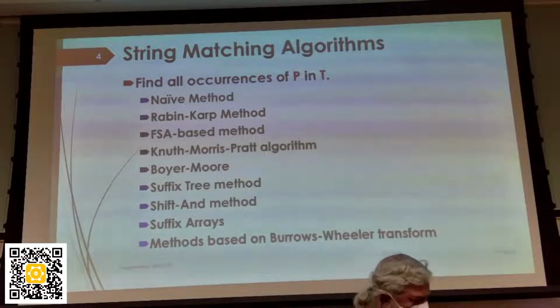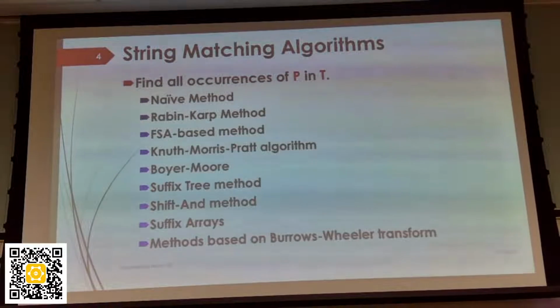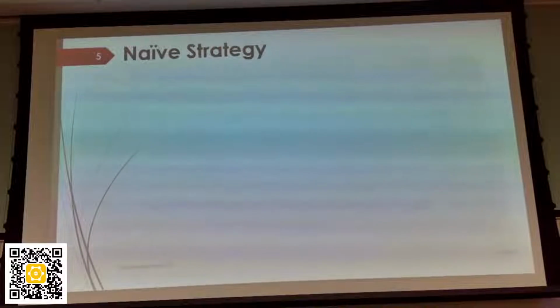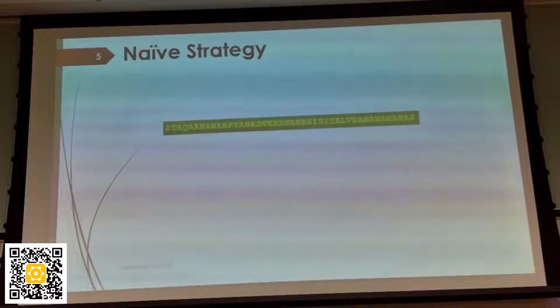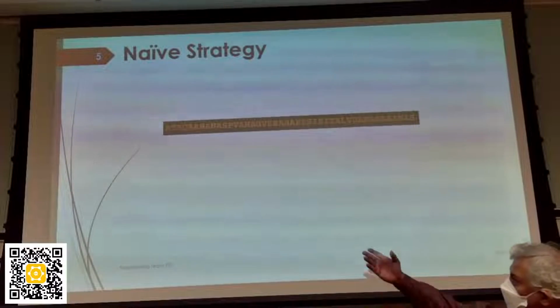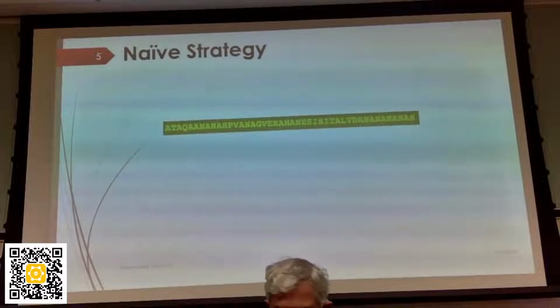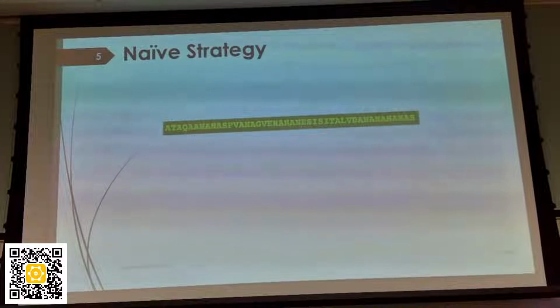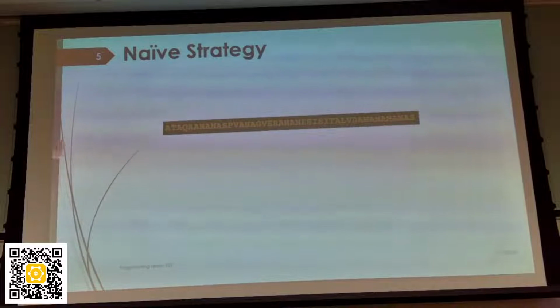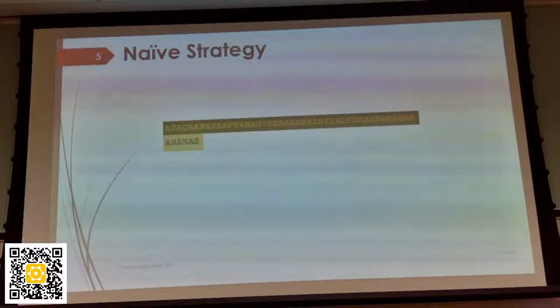All right, so let's start with the first one, the brute force. The naive strategy goes something like this. Assume that this is a large text that I want to search. I've just put a bunch of characters, but it's not so hard to imagine.